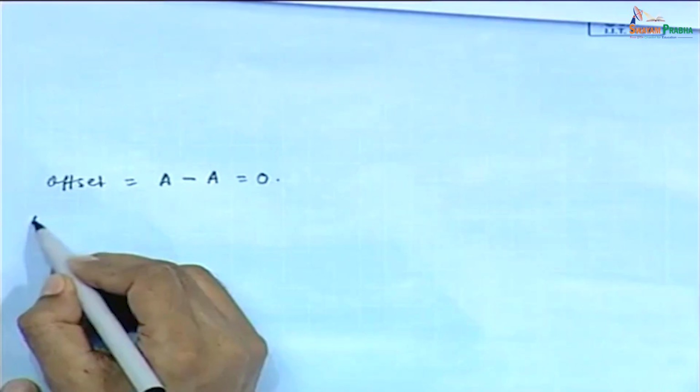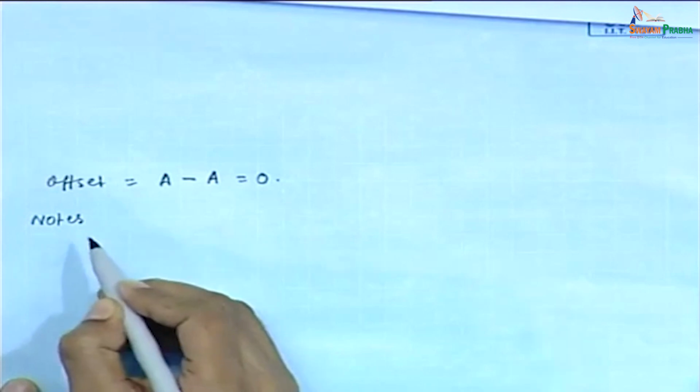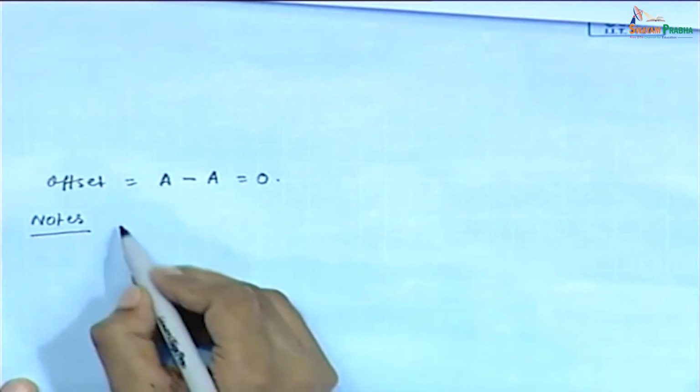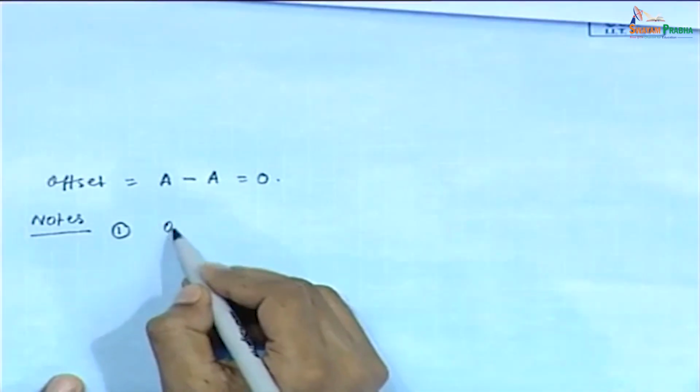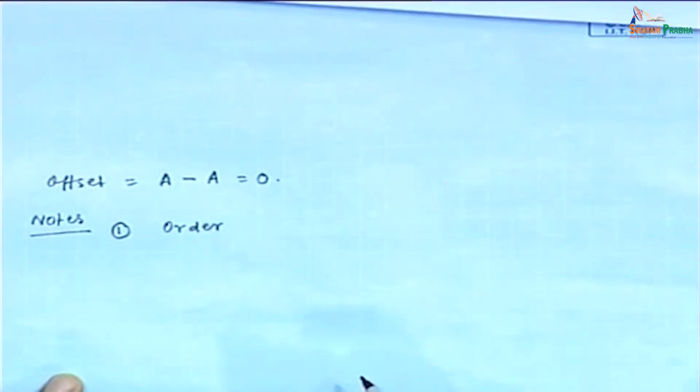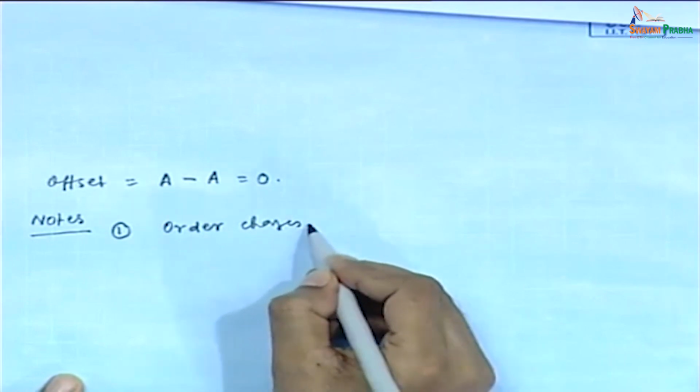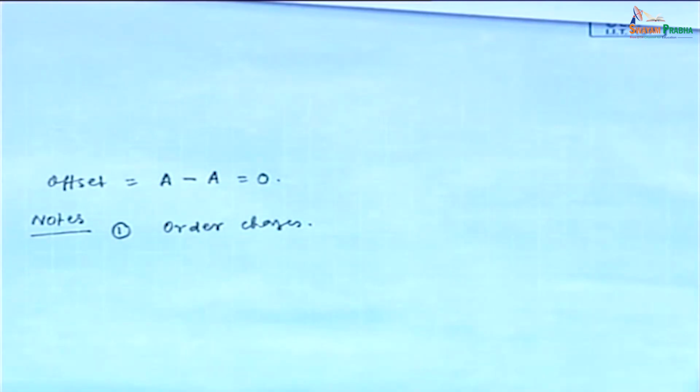Now, we will note down a few important points. Is there any change of order due to the inclusion of integral action? Yes. So, due to the inclusion of integral action, the order of the overall system changes. This is the first point.